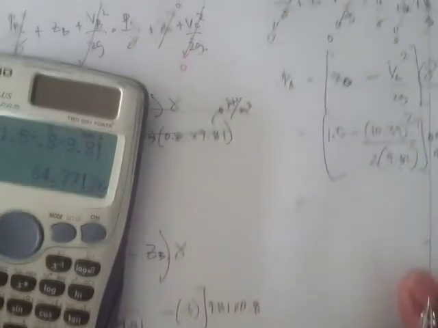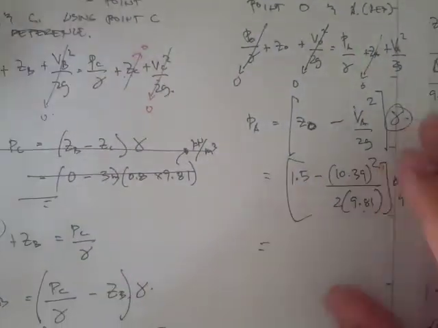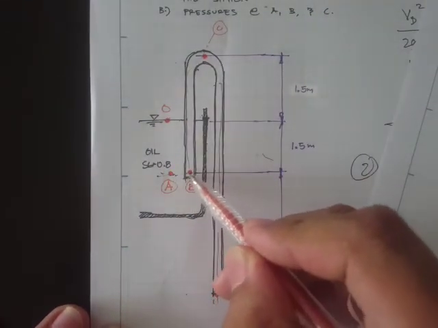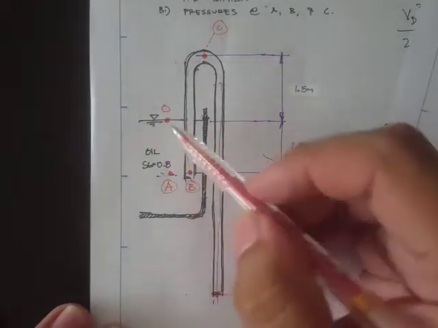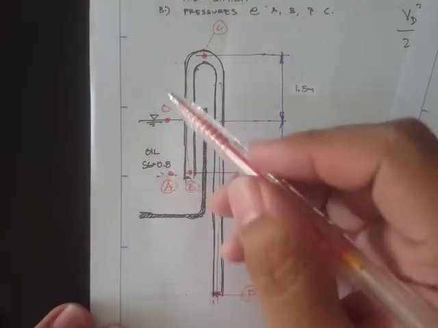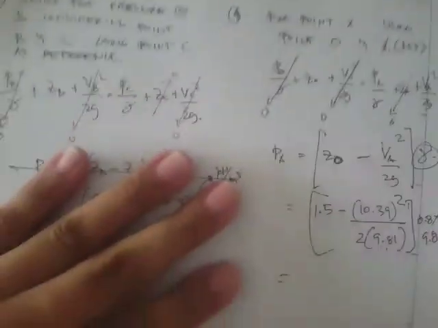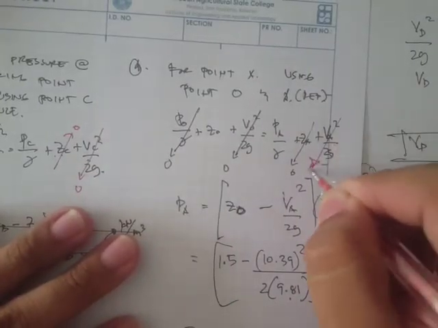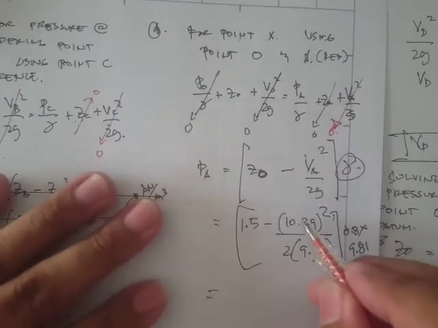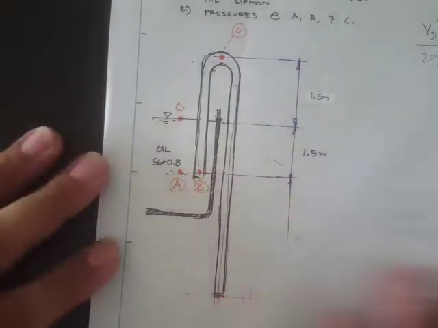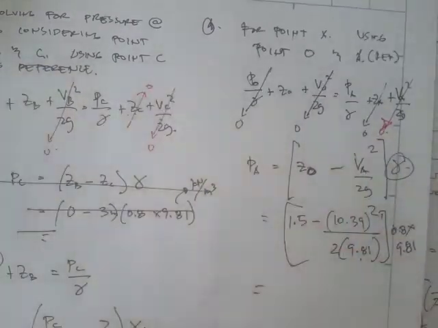Oh, sorry, I guess this term, the velocity at A, is not the same as the velocity at B. We are still in a large tank, and therefore the velocity here would also be equal to 0. I'm sorry about that. This one should also be 0, because this 10.39 is the velocity inside the siphon, but point A is outside the siphon, so that's 0.